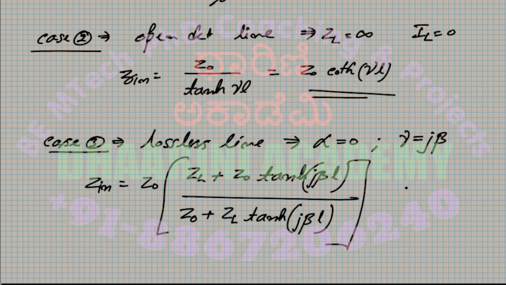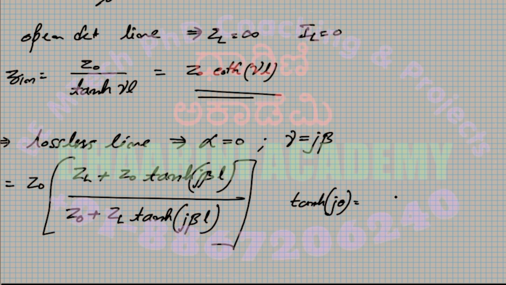But if you remember, we have one important property of the tanh function. If you have tanh of j theta, this will be equal to j times tan theta. So that's one very important rule: tanh of j theta is j tan theta.